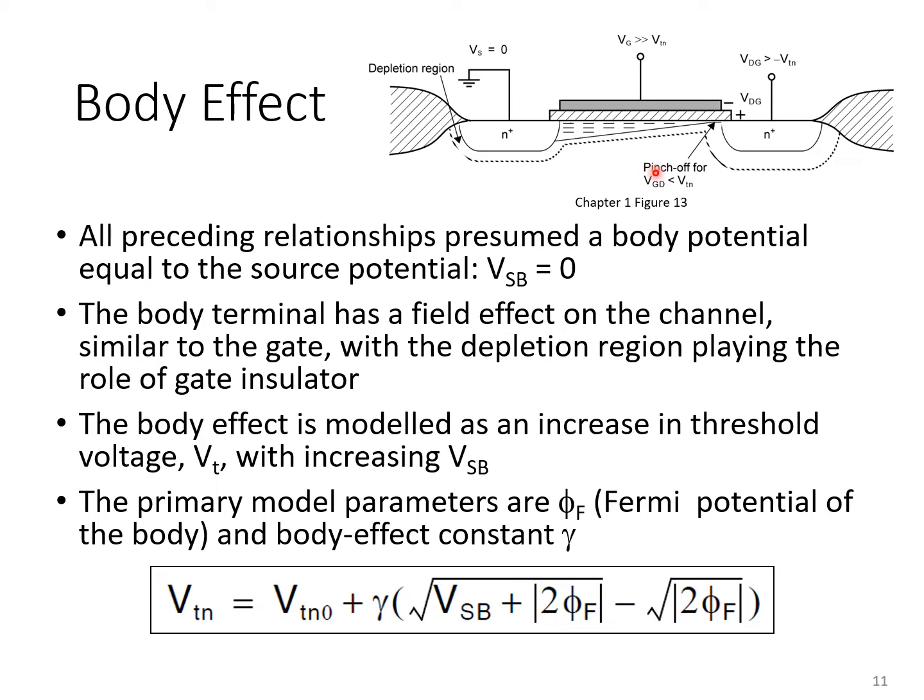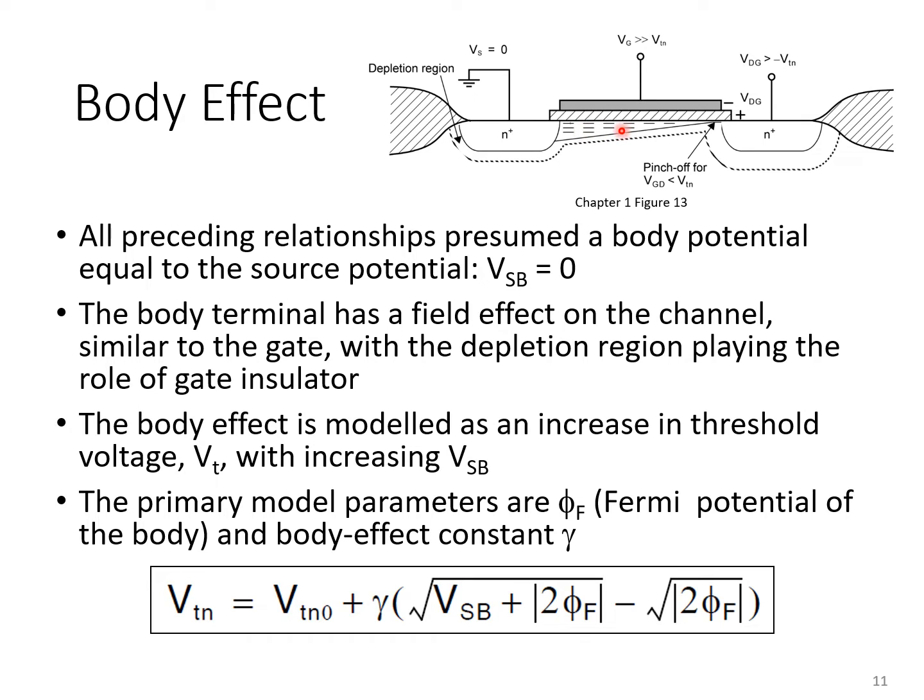And that's because the body terminal is doped silicon and therefore conductive and separated from the channel region by a relatively thin insulator, which is the depletion region that forms across the PN junction between an inverted channel and the body terminal. So you've got a conductor, this so-called backgate, separated by a narrow insulator, and therefore there's a field effect acting on the channel that is determined by the voltage between the body and the channel.